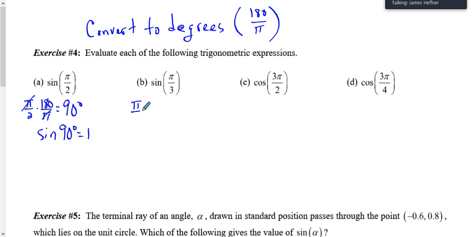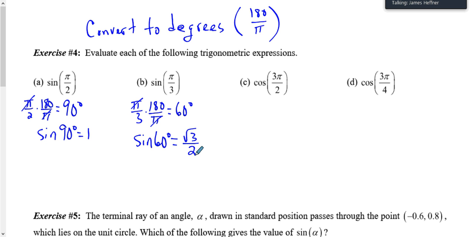Switch to degrees. What's 180 divided by 3? It would be 60 degrees. Sine of 60 is square root of 3 over 2. Go to your chart.